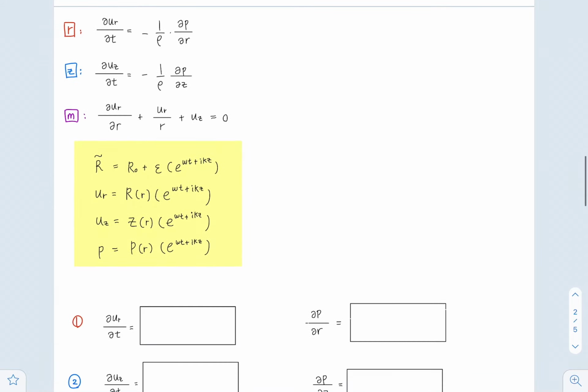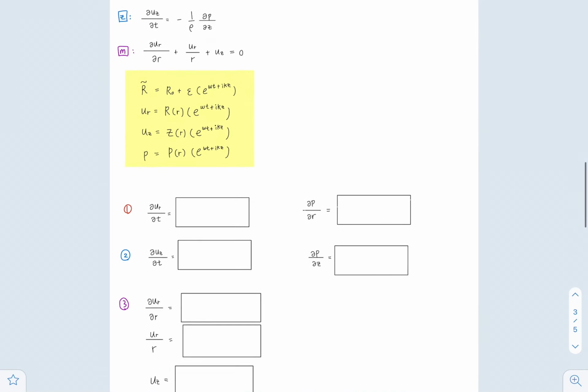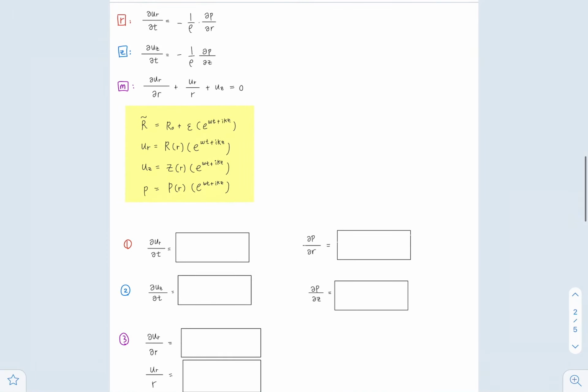Okay, so our first step is to determine the left and right terms for every single equation we got here: r, z, and m. For our r equation, we have on the left-hand side ∂u_r/∂t. So if you calculate that with respect to this yellow box equation here, we know u_r is a function of t.